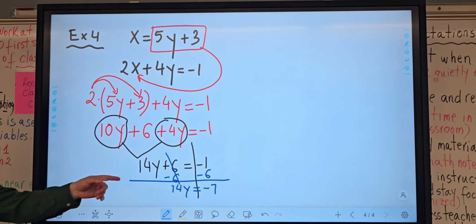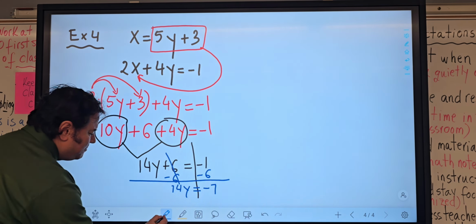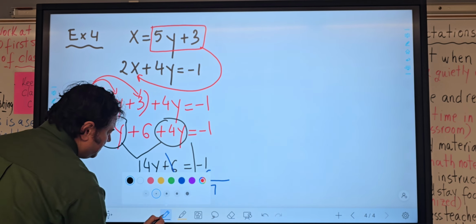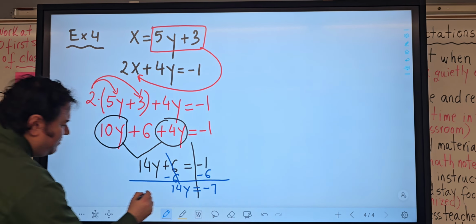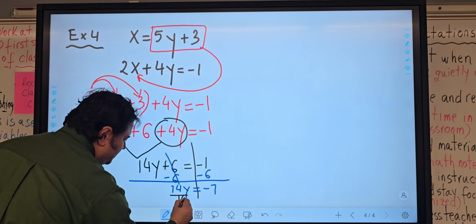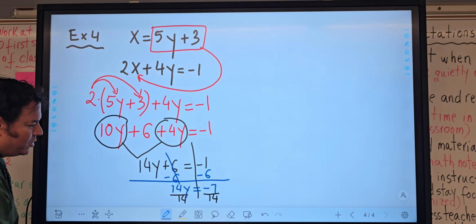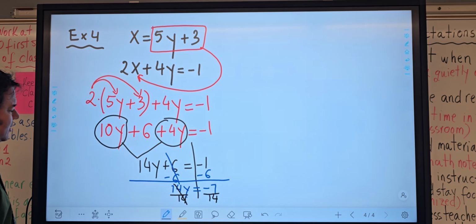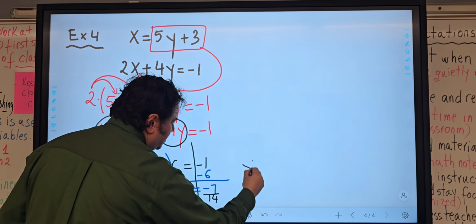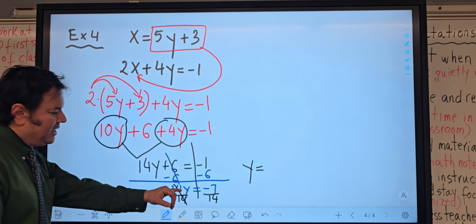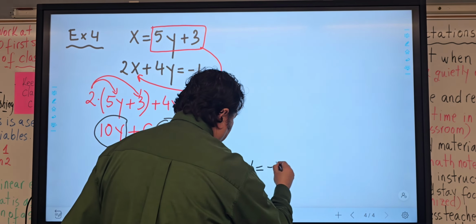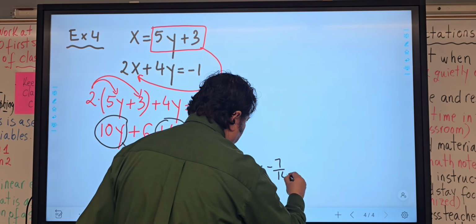And finally, we need to divide both sides by 14. 14 divided by 14 becomes the 1y. So we get y equals -7 over 14.